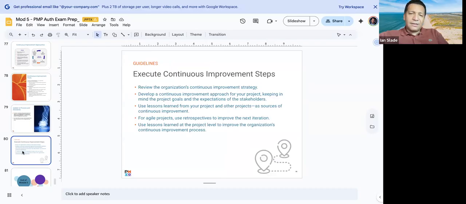Again, continuous process improvement is really a culture of the organization. And I'm proud that UCLA has always had this continuous process improvement mindset. And we try to share things amongst each other. There's so many opportunities for learning at UCLA outside of the formal university.